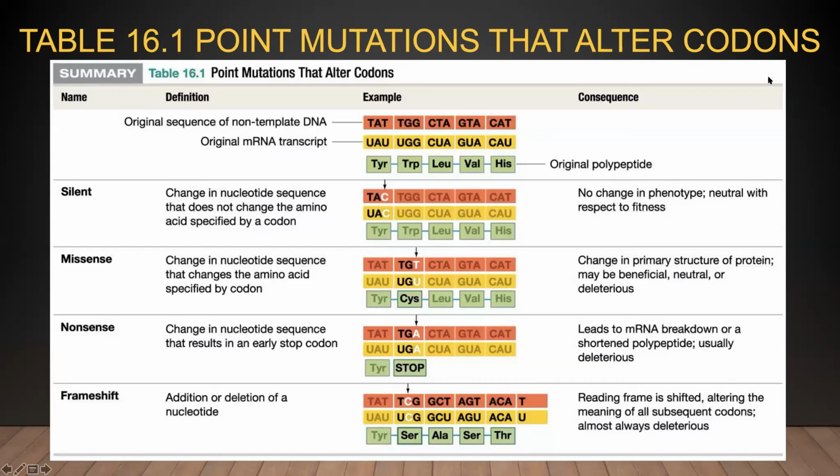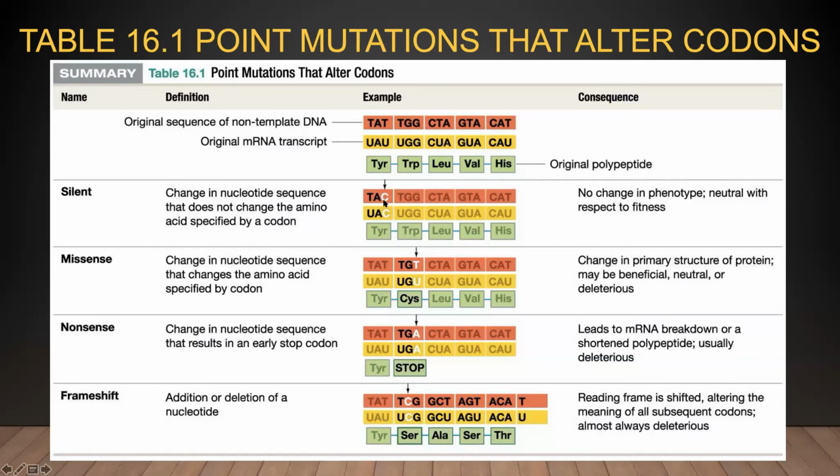All right, so here's just a summary of what those mutations look like. Again, in the top here, we have our original wild type DNA. We have the messenger RNA transcript, and we have the original polypeptide amino acid strand. So this is what it should look like. In the next one was that silent mutation.